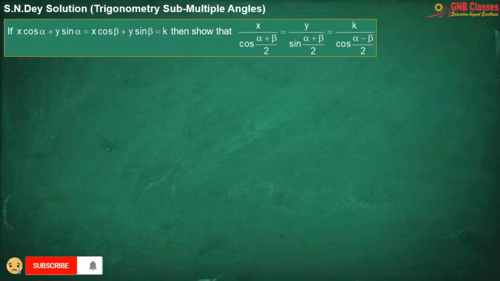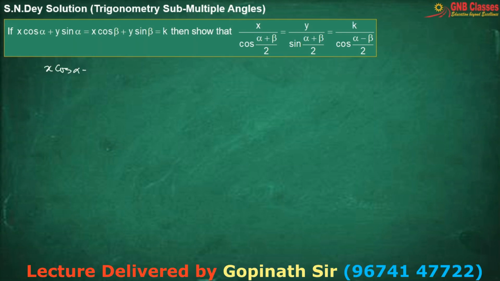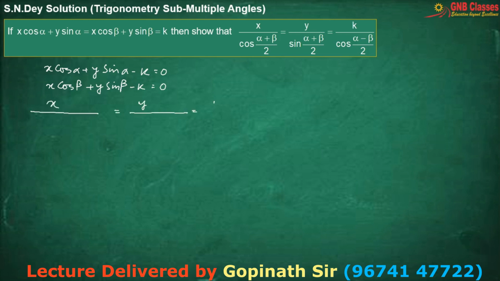Now in this problem, from the given condition, we are forming two equations like, and now I am solving these two equations by the cross multiplication method. We are using the formula sin C minus sin D over here.